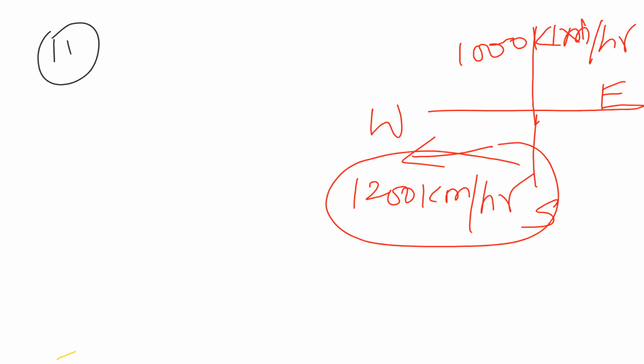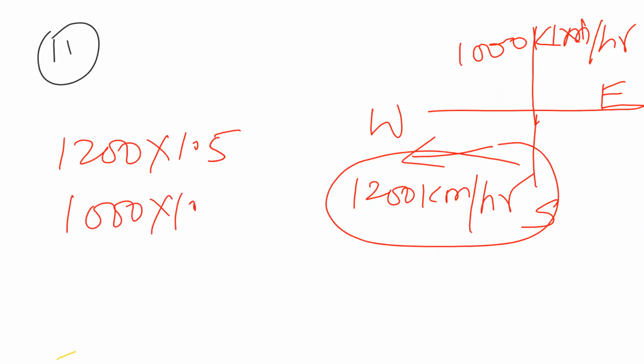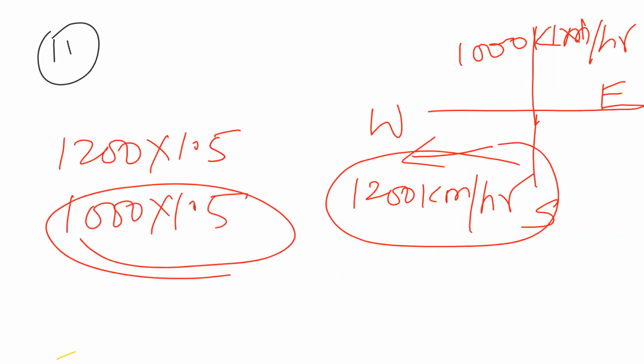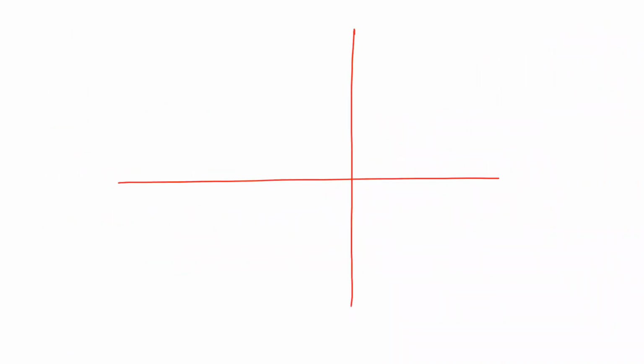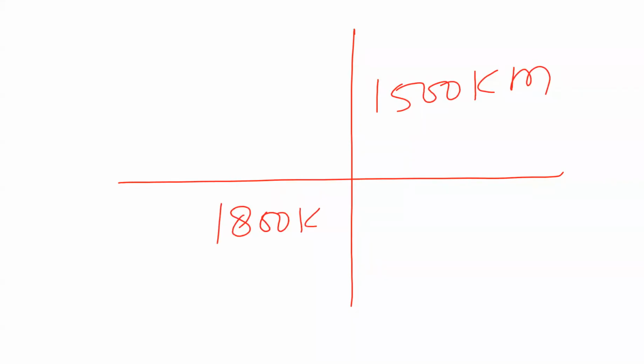So 1200 into 1.5 and again 1000 into 1.5. So this becomes 1500 kilometers and this becomes 1800 kilometers. Does anyone have any difficulty understanding? How to calculate this 1500 and 1800? No, sir. Okay, good.